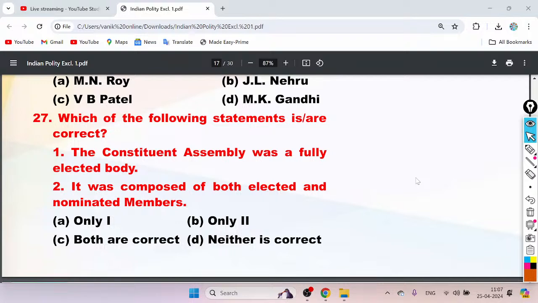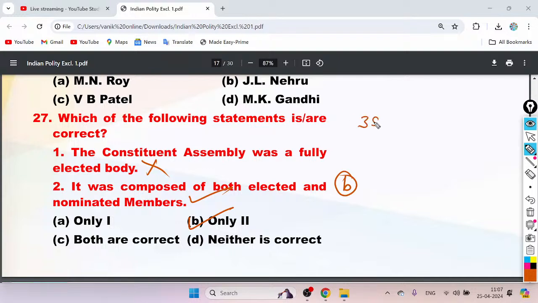So the Constituent Assembly was composed of both elected and nominated members. Number 2, it was composed of both elected and nominated members. Yes, that is correct. So only 2 is correct.